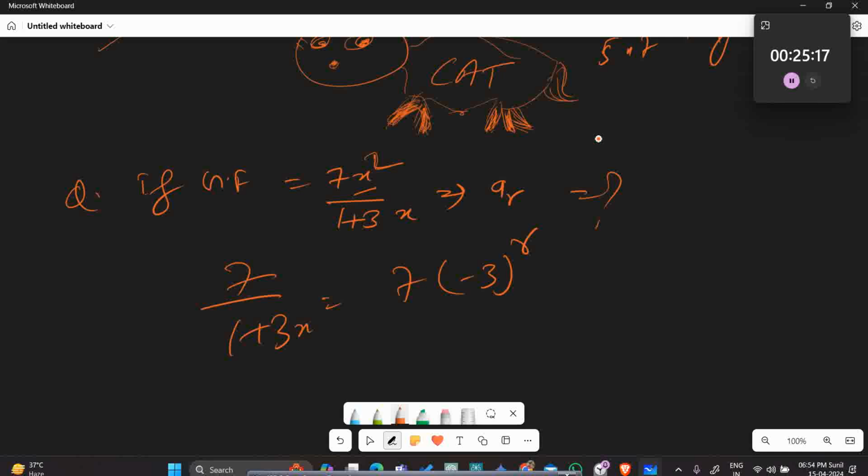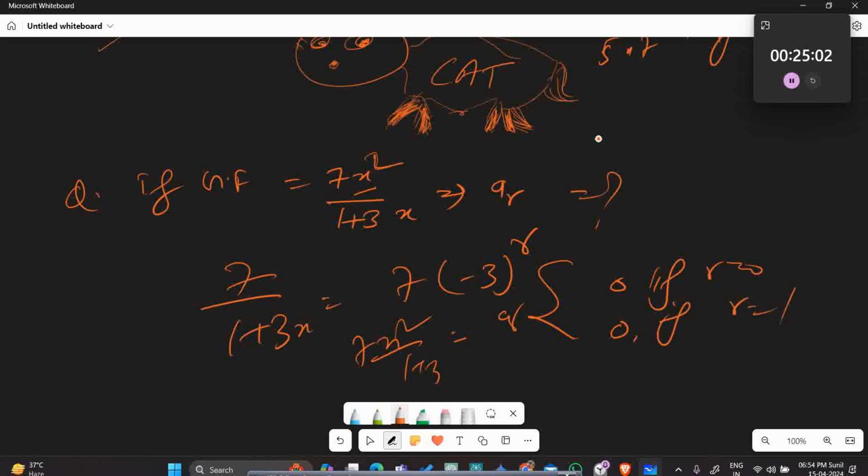Then 7x square upon 1 plus 3x is 0 if r is equal to 0, 0 if r is equal to 1, then 7 into minus 3 to power r minus 2 if r is not equal to 0 and not equal to 1.